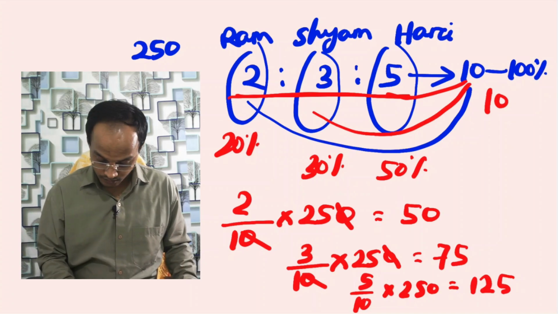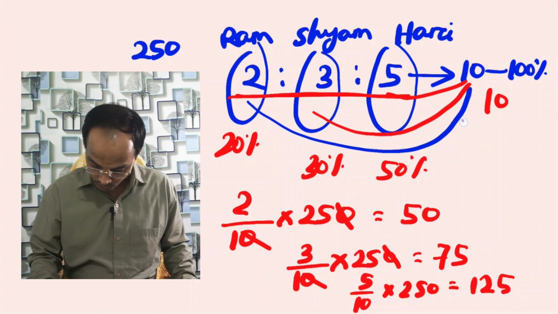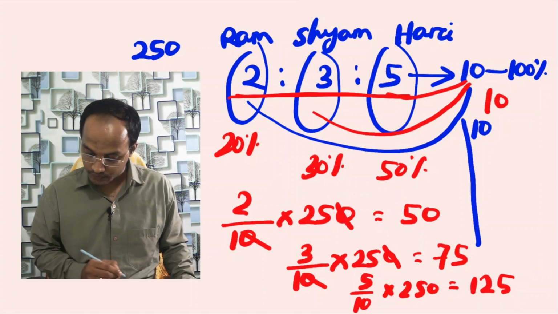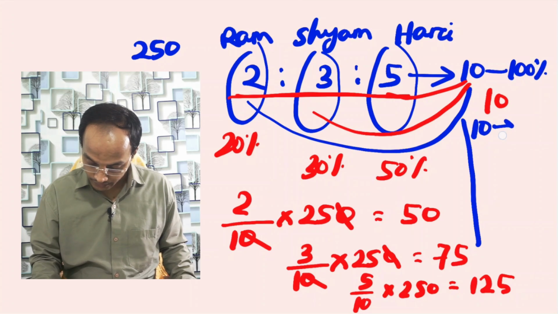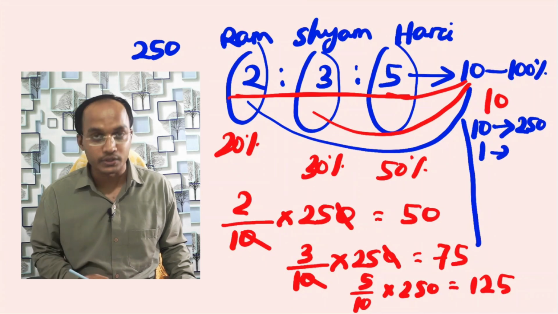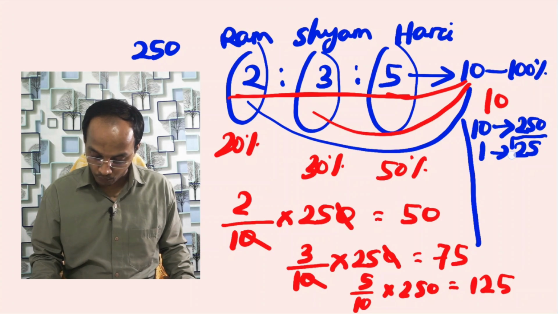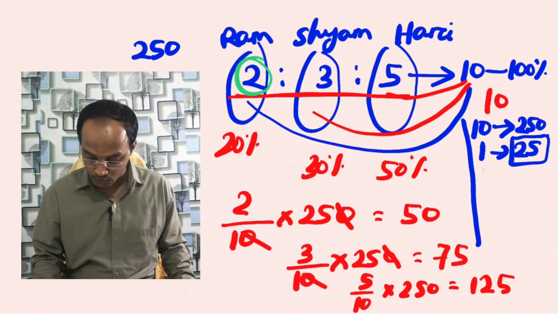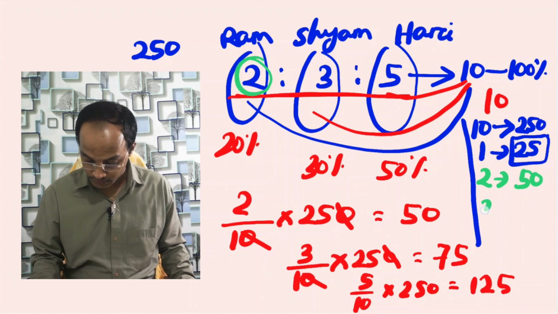Next method, we see the total. This total is 10. 2, 3, 5, if you take the ratio, it is 10. 10 represents 250. So 1 represents how much? 25. Then easily we can solve all the others. How? If 1 is 25, Ram is 2, so 2 into 25, 50. How much is Shyam? 3 will be 3 into 25, 75.